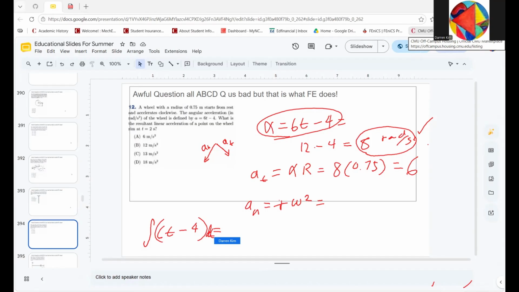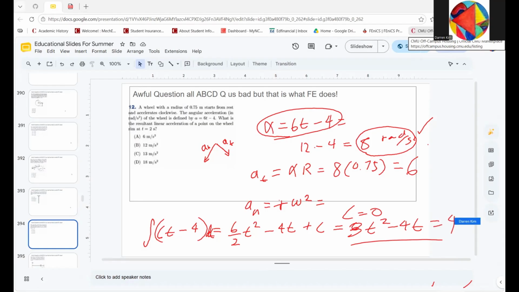So we do 6 divided by 2, t squared minus 4t plus c, but c equals 0 since it starts at rest. So 3 t squared minus 4t is what we find, and we evaluate that at 2. So 3 multiplied by 2 squared minus 4 multiplied by 2 equals 4.